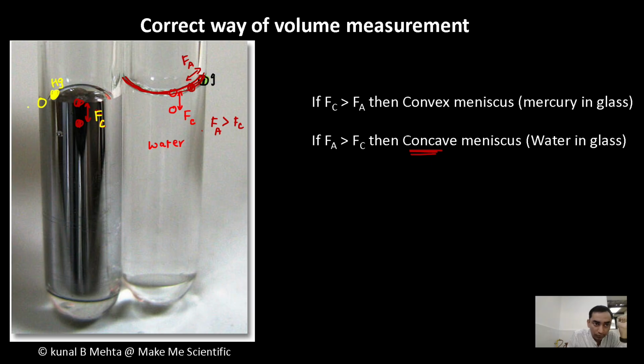This is a mercury molecule, this is a glass molecule. The attraction between them is adhesive force. Here in this case, it is found that cohesive force is more than the adhesive force. And this shape that you get, the upward shape, is the meniscus which is known as a convex meniscus. Now, the problem lies when these kinds of meniscuses are there, how do we take the reading?